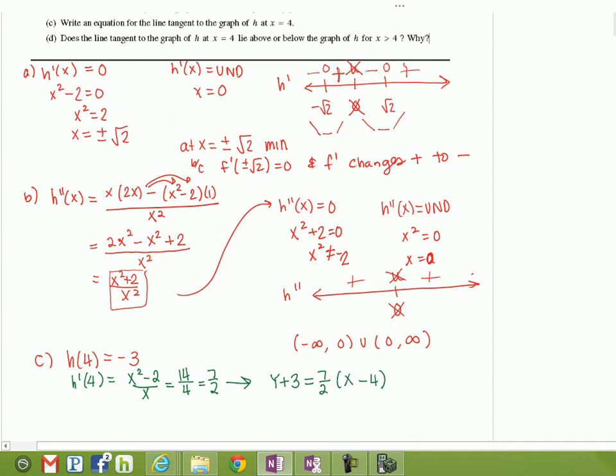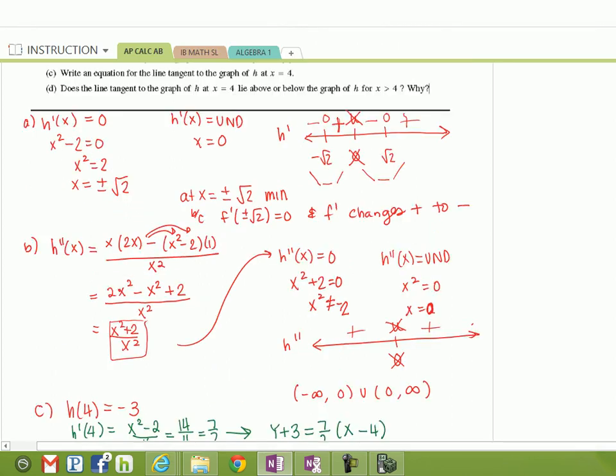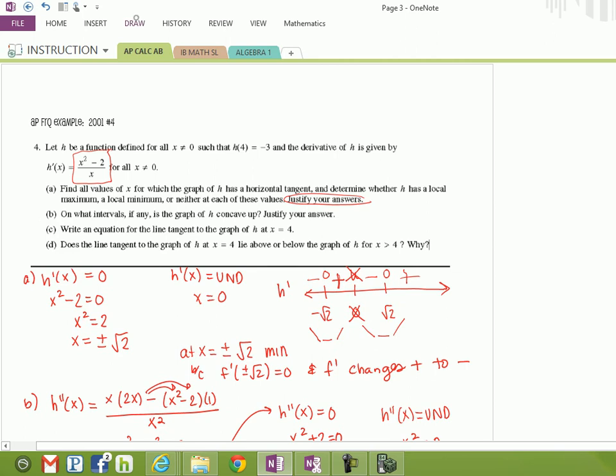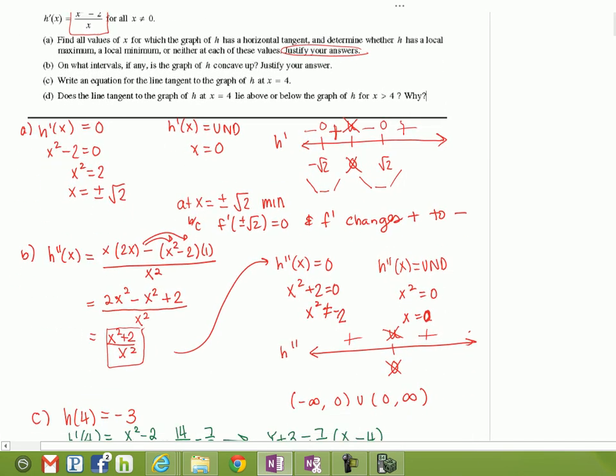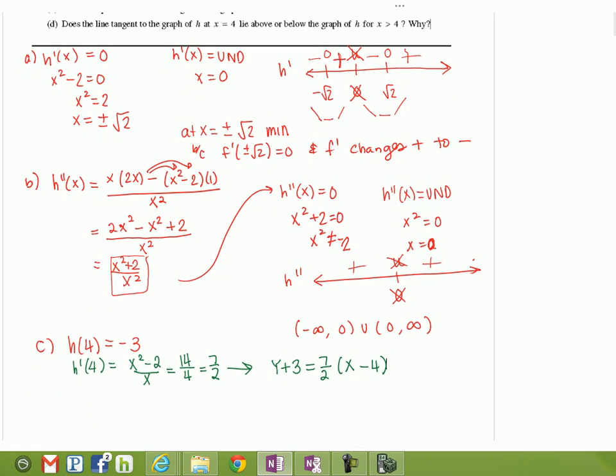x minus 4. And then part D asks you if the tangent line is going to be above or below the graph. So that's literally the same thing as an over or under approximation. So for part D, at x equal to 4, the second derivative is positive.